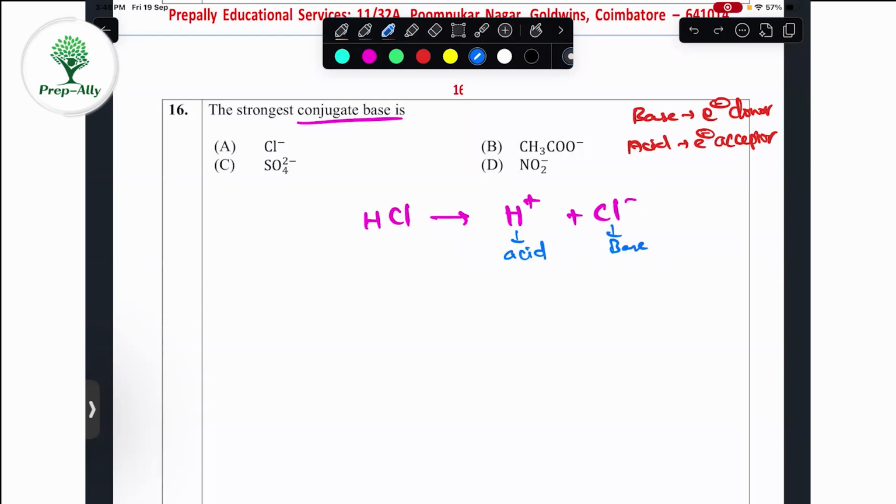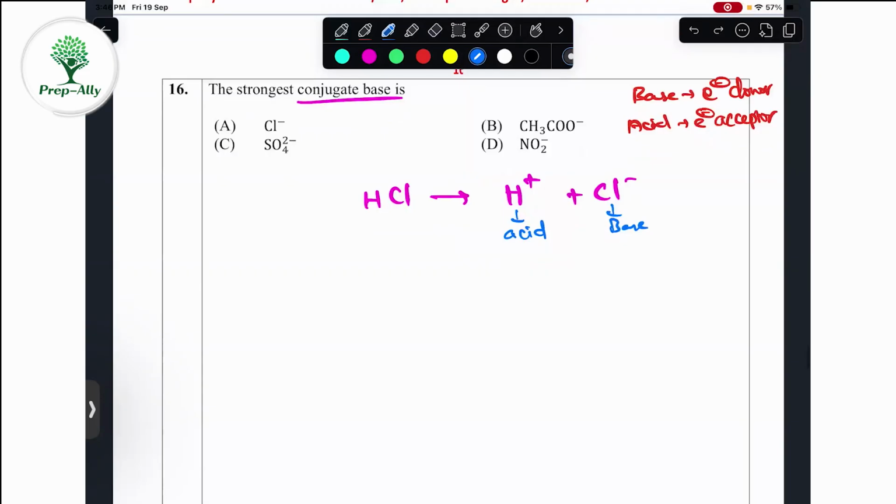Because it is having extra electron, if it is converting into HCl now, it has to give electron to H plus. But they are charged. So I can write, this is the conjugate acid of HCl. This one is going to be the conjugate base of HCl.